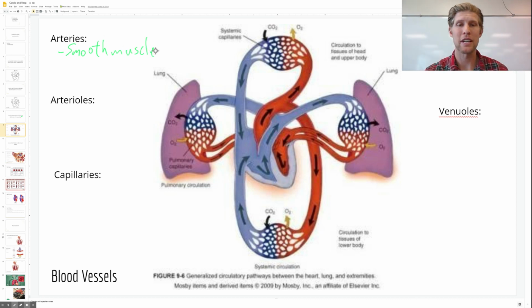And they are pretty elastic. That's pretty important to write down. They're elastic. So what'll happen is as your heart beats, it's pushing blood out, and then the arteries keep the pressure on, so they'll either dilate to release some pressure or they'll constrict to keep the pressure on.